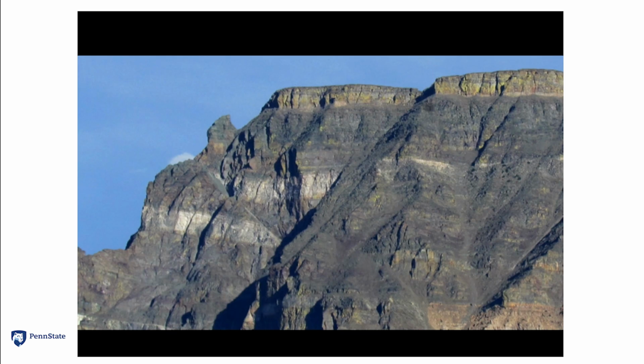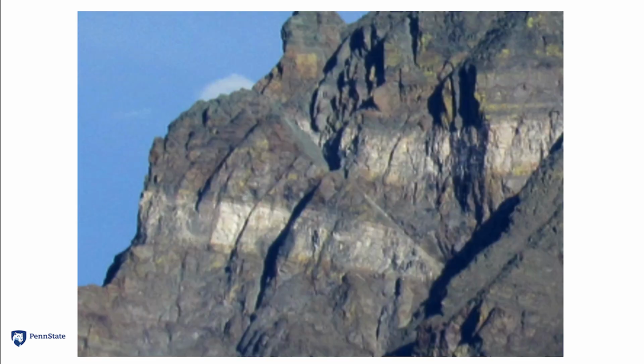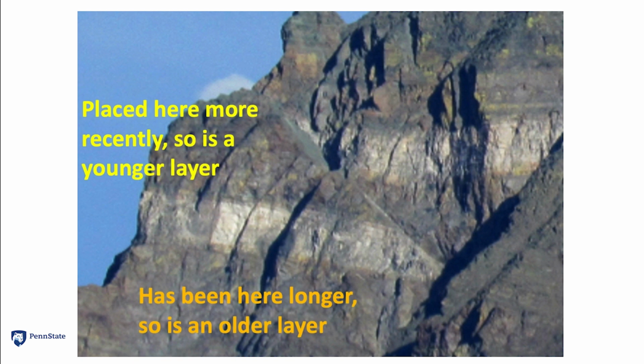Well, now let's go to Glacier National Park, and this is a great cliff in Glacier, and we're going to zoom in on this cliff. And what we have here is a pile of layers, something like those notebooks. The one on the bottom is put down first. It's been there longer. It's an older layer. The one on the top was put there more recently, so it's a younger layer.